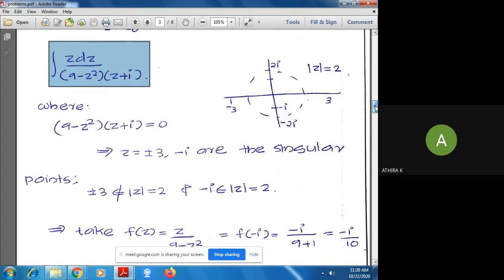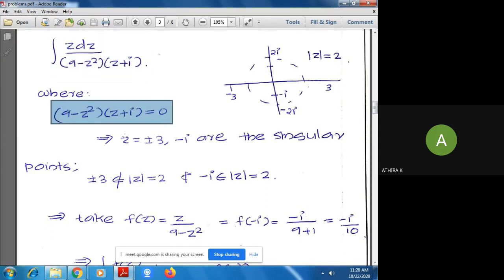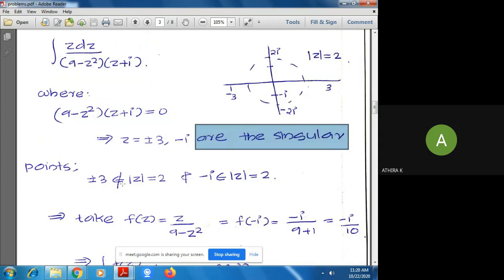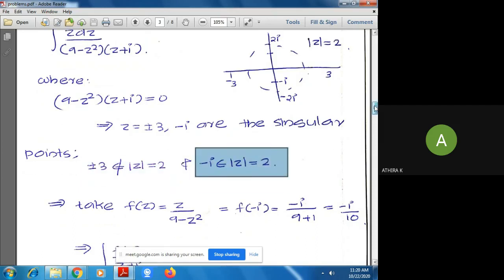So we have to rearrange these. First, here 9 minus z square into z plus I is equal to 0 implies z is equal to plus or minus 3 and minus I are the singular points, and plus or minus 3 does not belong to the circle mod z is equal to 2 and minus I belongs to the circle mod z is equal to 2.